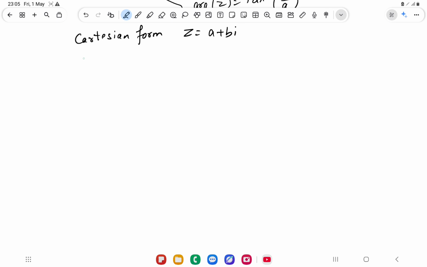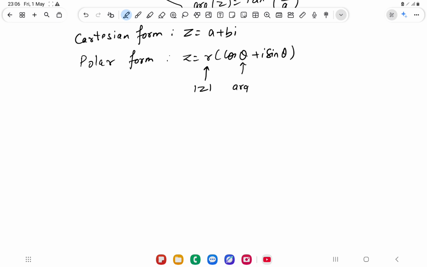Now there are other forms also, like polar form. Now what is polar form? The same z I can write as r times cos theta plus i sin theta. Now note that we have r as modulus z, and this theta is the argument, so I can write it as arg z.